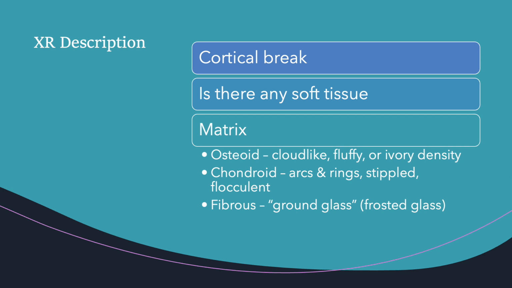neocorticalization, meaning new cortex, which may be observed in GCT, giant cell tumor, aneurysmal bone cyst, chondromyxoid fibroma, chondroblastoma, etc. And take note, these lesions are benign if you have neocorticalization.